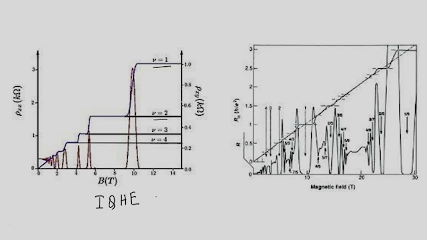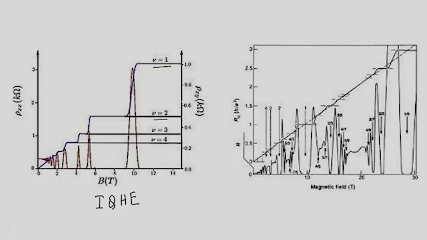And we are very well aware of why these plateaus arise in spite of the system being a dirty two-dimensional electron gas with no time reversal invariance or translational invariance. In fact, the loss of time reversal invariance is the reason for these plateaus to be quantized, and they are related to the Chern number, which is what we have seen.